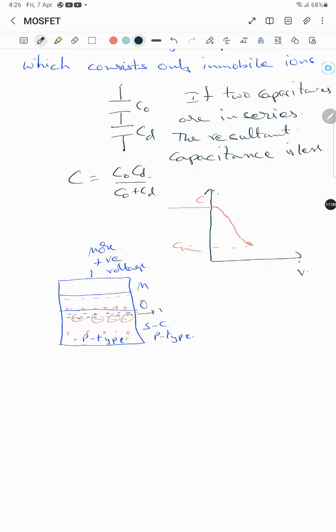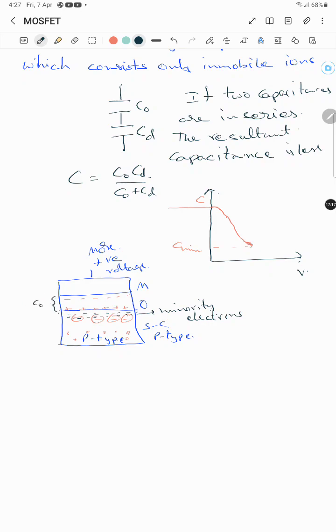These are the minority electrons. Now what happened? These minority electrons come back, and now again the capacitance became this much only.